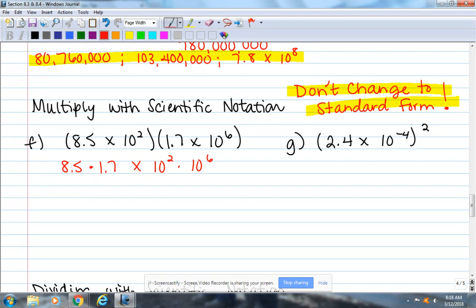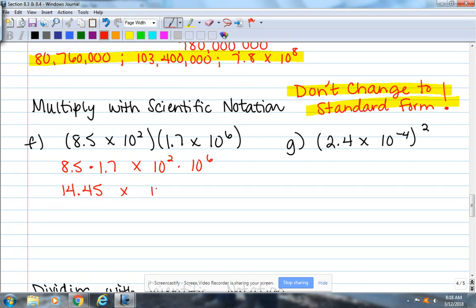So that's the first thing I do is rearrange. And then after you do that, you take your calculator and you multiply those 2 decimals. And what do we get? 14.45.